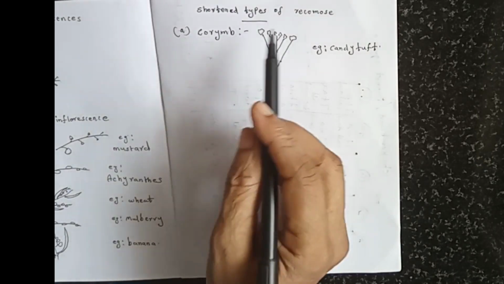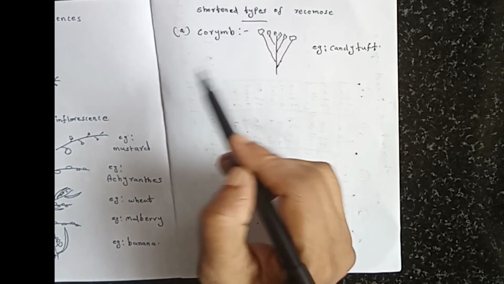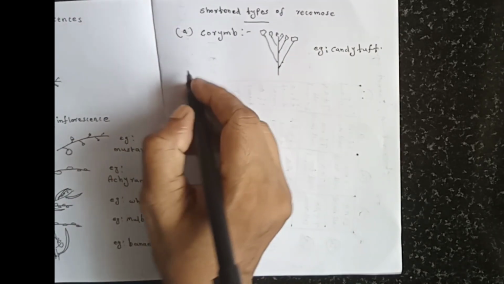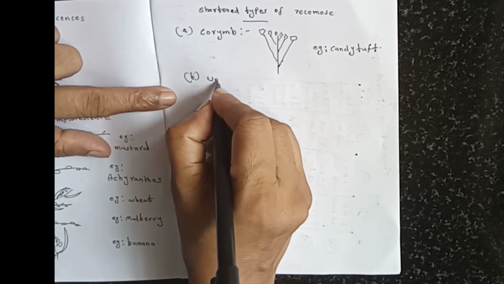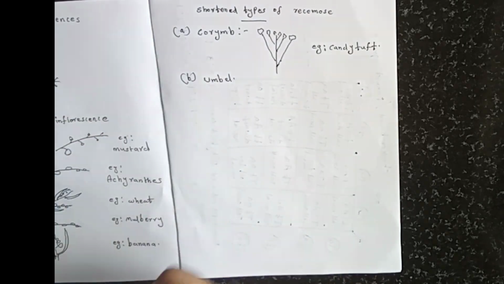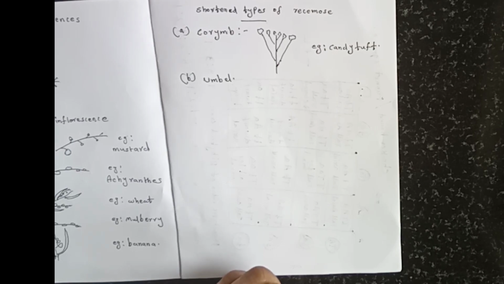In this shortened type of racemose, there is another example, that is umbel. In umbel, all flowers are stalked, but of equal length, arising from the same point. Example, coriander. All flowers start from the same point.